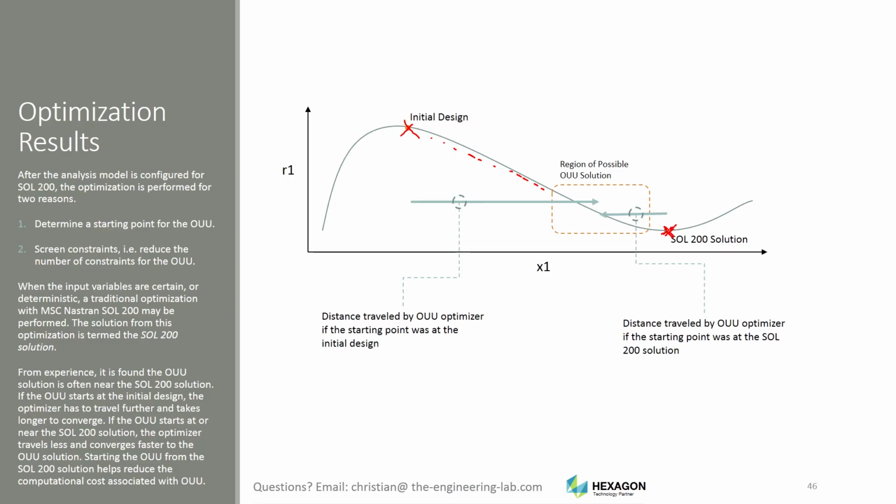You find out that this solution is close to the solution of the OUU optimization. So you notice that the distance traveled between both of these different starting locations are different. If we start at the SOL 200 solution, it has to travel a shorter distance to get to the OUU solution. Whereas if we start at the initial design, we actually have to travel a larger distance.